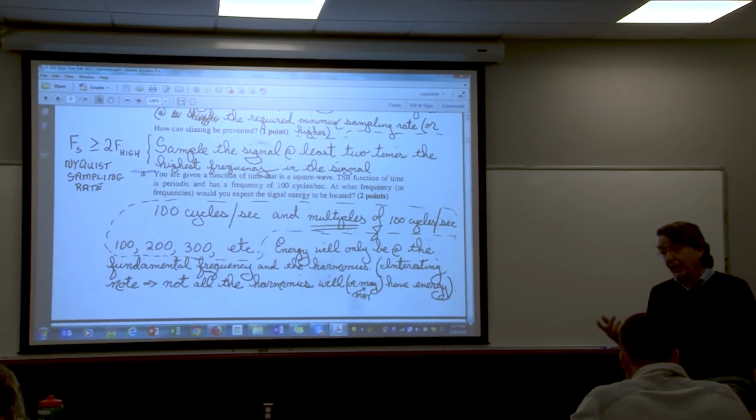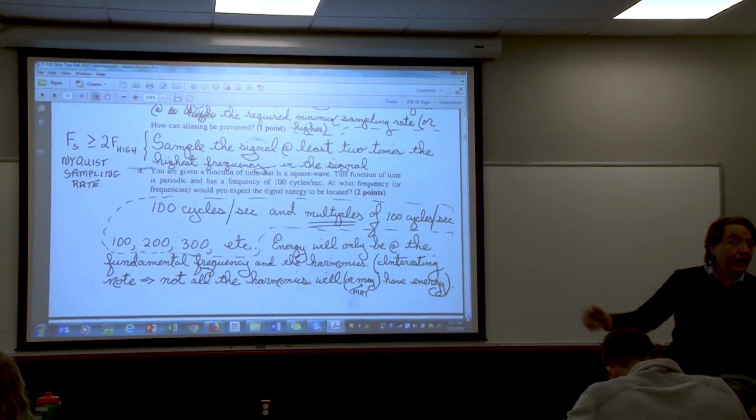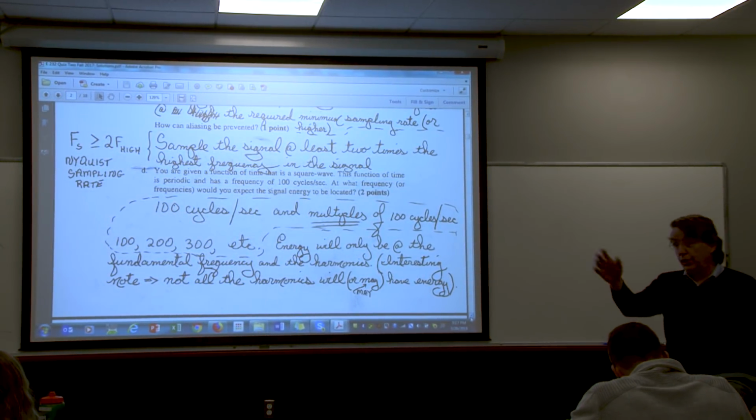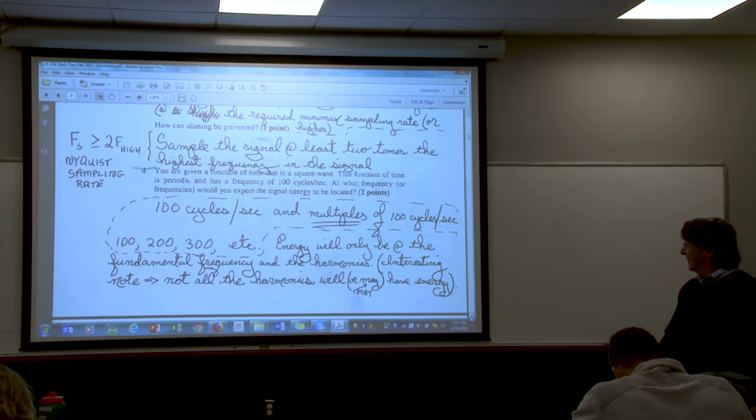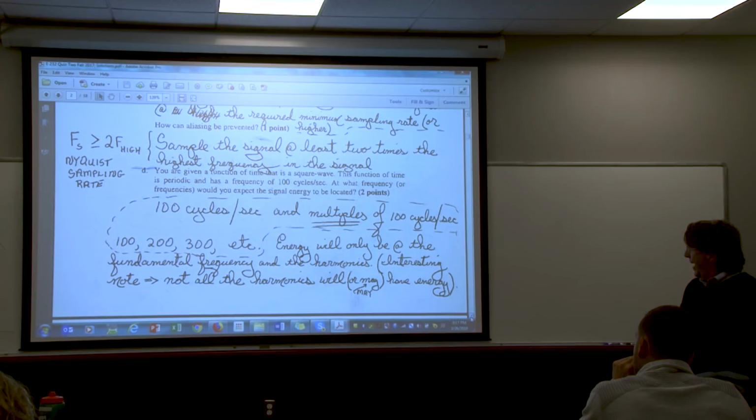But I know I'm not going to have energy at 175 hertz or 225 hertz. So I'm just going to look at multiples of the fundamental frequency, which are the harmonics. So I say, good, I got it. Energy will only be at the fundamental and the harmonics. Interesting note, not all the harmonics will or may have energy.